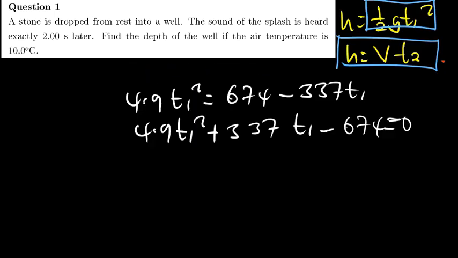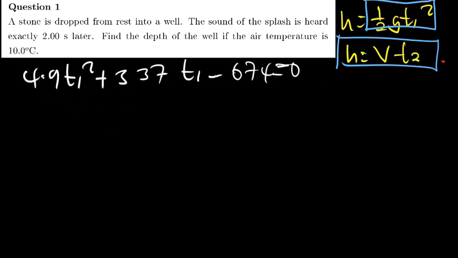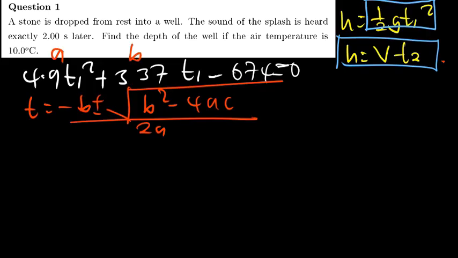I no longer need this. Okay, then I also no longer need this. Let me just push this part here to be on top here. So using quadratic equation, t is equal to negative b plus or minus the square root of b squared minus 4ac, divided by 2a. So this is my a, this is my b, and this is my c.